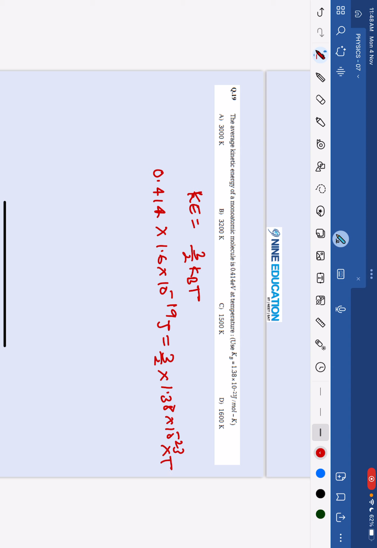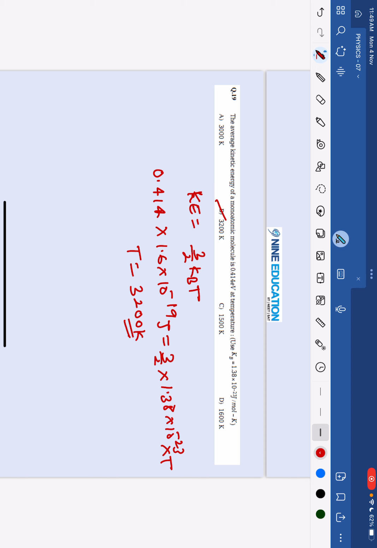Are we scared by big numbers? Let me do just the calculation. After calculation, if we do 0.414 multiplied by 1.6 and multiplied by 2 divided by 3 and 1.38, we are getting the temperature as 3200 Kelvin.